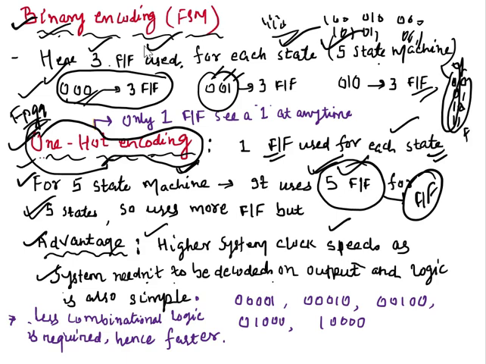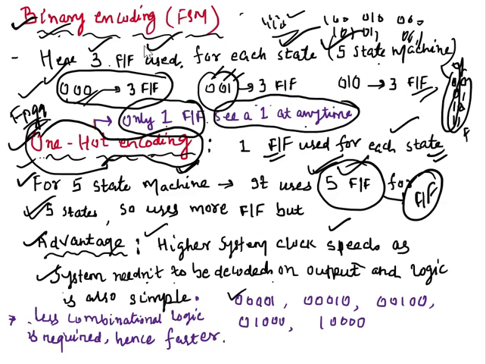Let me explain this. In binary encoding, we have 0 0 0 to 1 1 1 for 3 bits. But in one hot encoding, because we are using 5 flip-flops, only one flip-flop sees a 1 at any time.